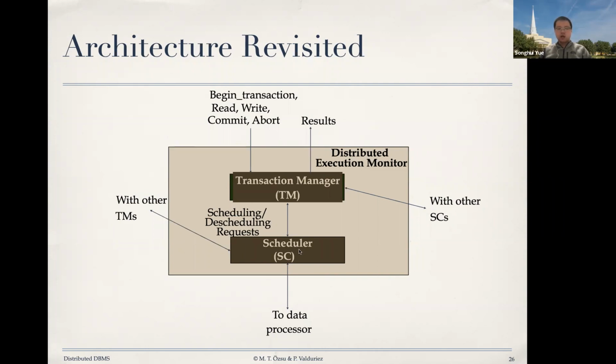The scheduler communicates directly with the data processor so that it can carry out the actions, doing the jobs on hand, while the transaction manager just manages the requests of the transactions. The scheduler can schedule or deschedule the requests, and it can also work with the transaction manager from a different distributed execution monitor, and the transaction manager can also work with other schedulers.